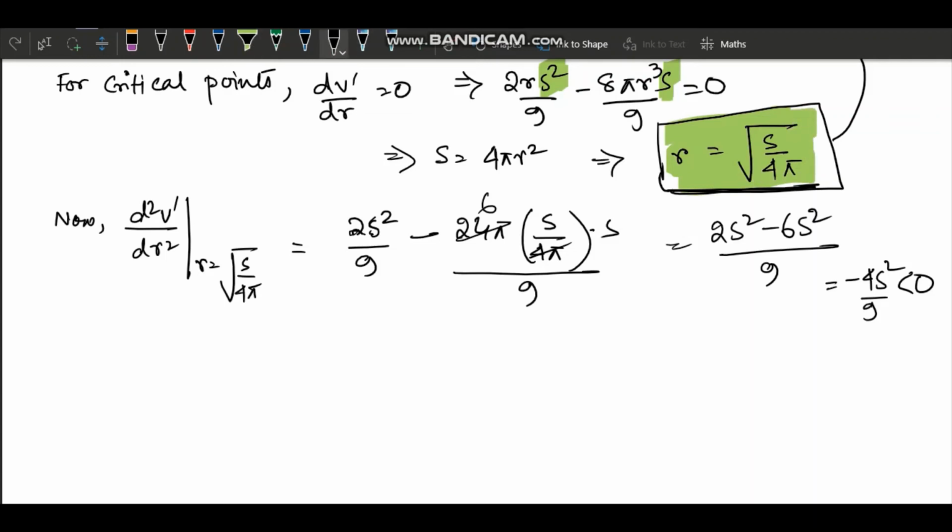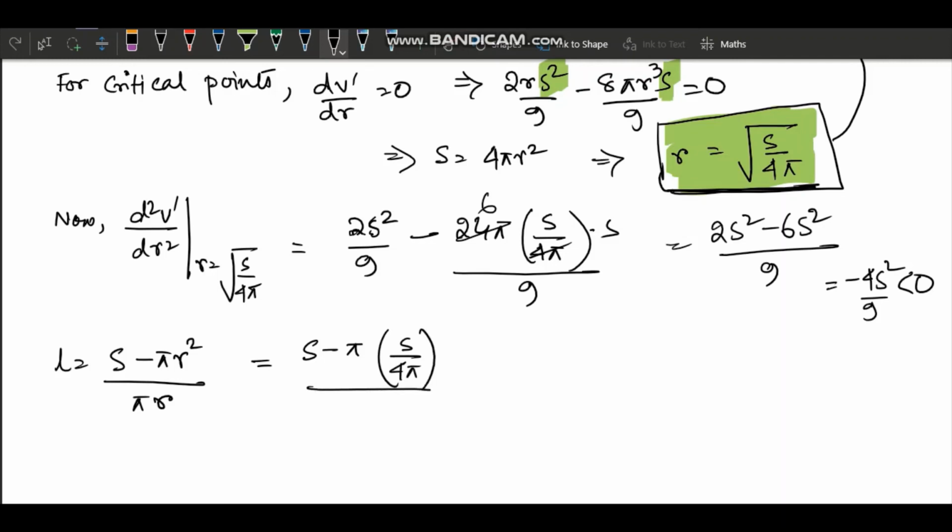Now it is time for us to find the value of L. We have seen previously that the expression for L is S minus pi r square by pi r. We have done this calculation before. So just substitute for r here. We have S minus pi into S by 4 pi, which is the value of r square. This whole thing divided by pi r. So simplification gives us 3s by 4 pi r.